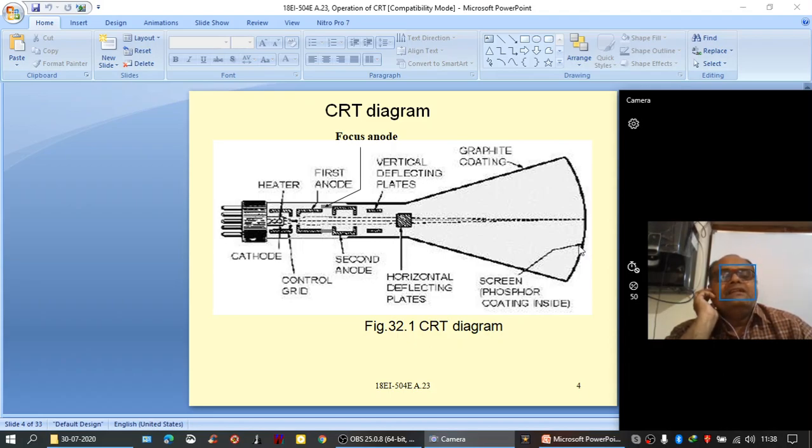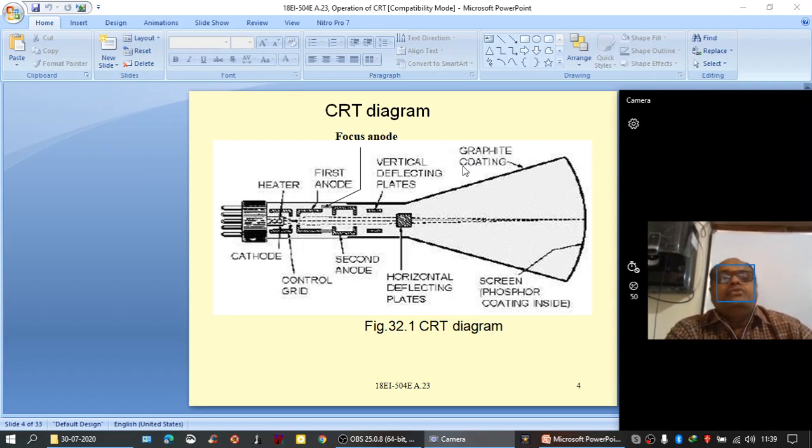All these secondary electrons are to be absorbed and they should not come in the path of the electron beam. So, a material known as aquadag is applied on the side walls of the CRT using graphite.